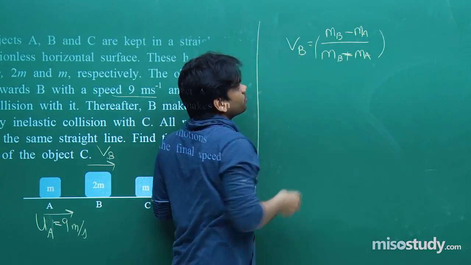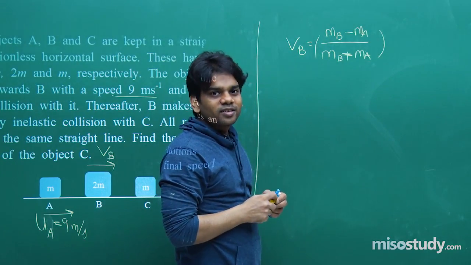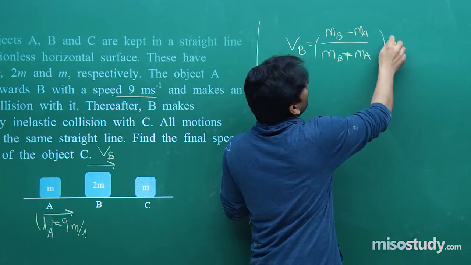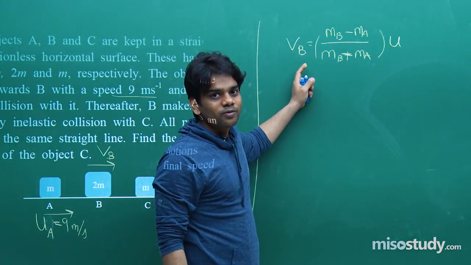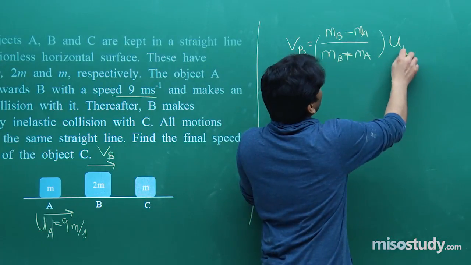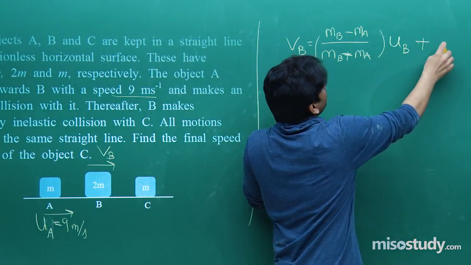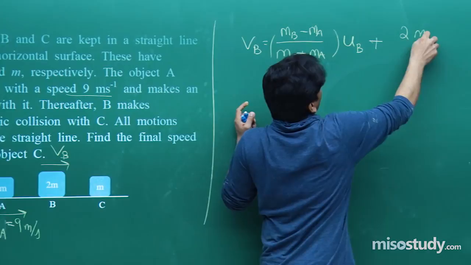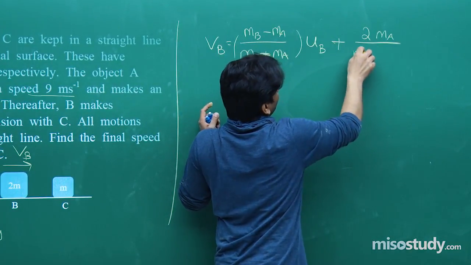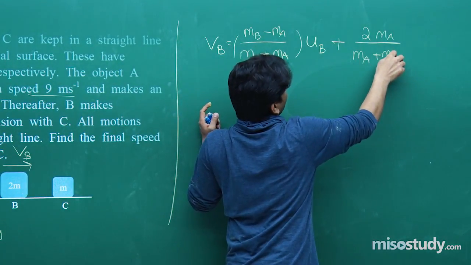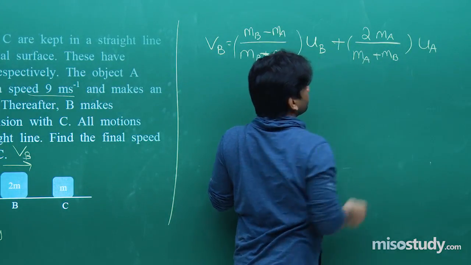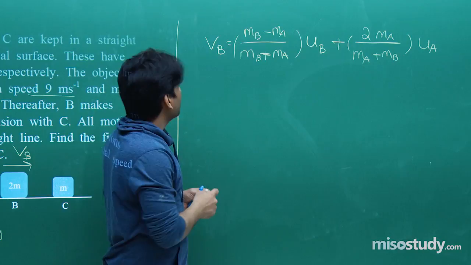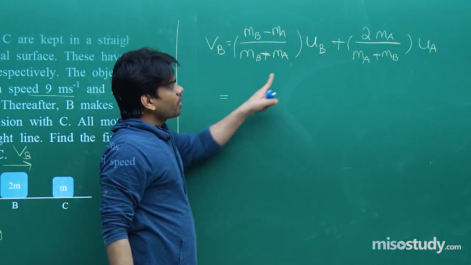multiplied with the velocity of B, plus twice mass of A divided by mass of A plus mass of B multiplied with velocity of A. You must be remembering I have discussed this formula with you all. Now you only have to put in the values.